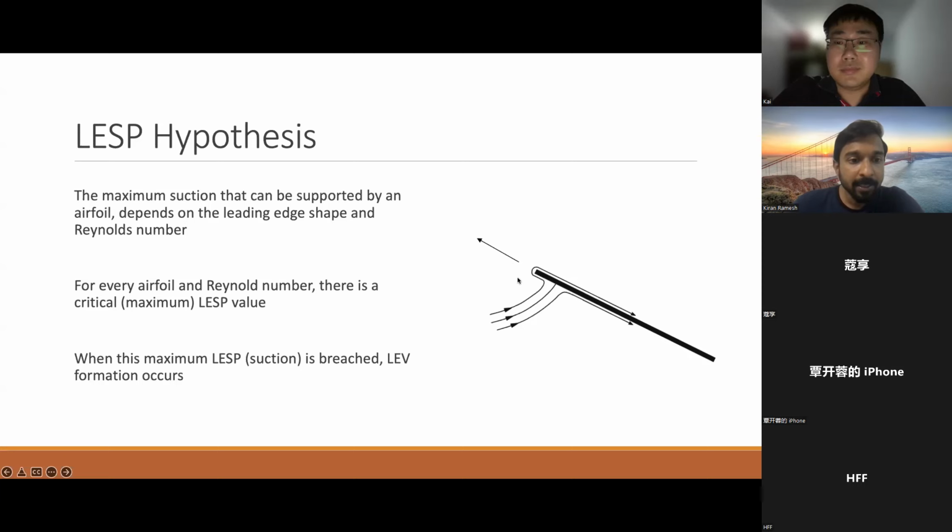What we say is that for every given airfoil and Reynolds number, there is a maximum LESP value, or a maximum suction value, which cannot be exceeded. And if it is exceeded, then flow separates from the leading edge. So when this maximum LESP is breached, leading edge vortex formation occurs. Flow separation starts and you get the start of vortex formation from the leading edge.